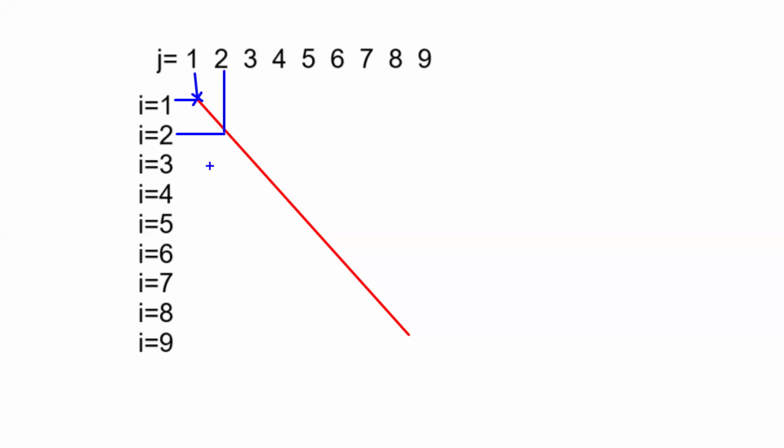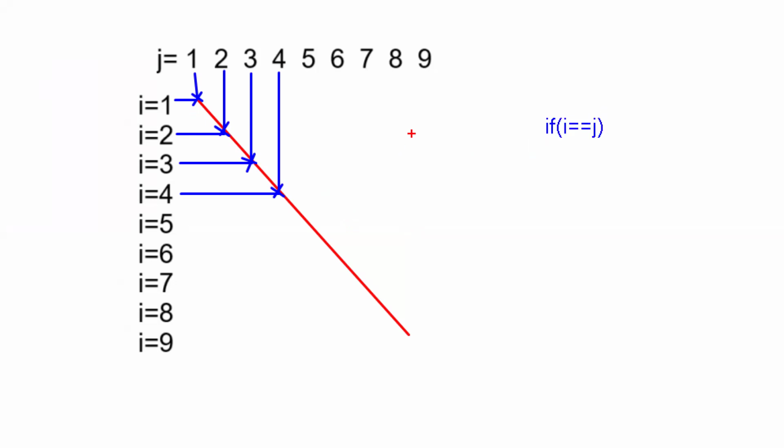Next i value 3, j value 3, star. Next i value 4, j value 4, star. At intersection points, we are printing those stars, nothing but when i value and j value both are equal. If i and j both are equal, then this line will print.